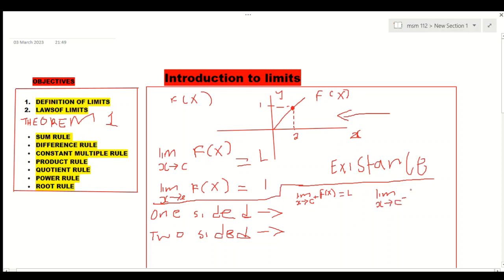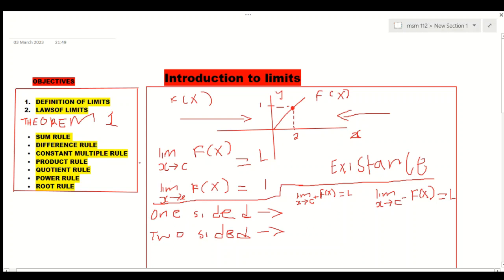So this negative sign means from the left hand side, meaning as x approaches a certain number. So in this case we've got 2. As x approaches 2 from the left hand side of the function, it should also give you a certain value, which is L.